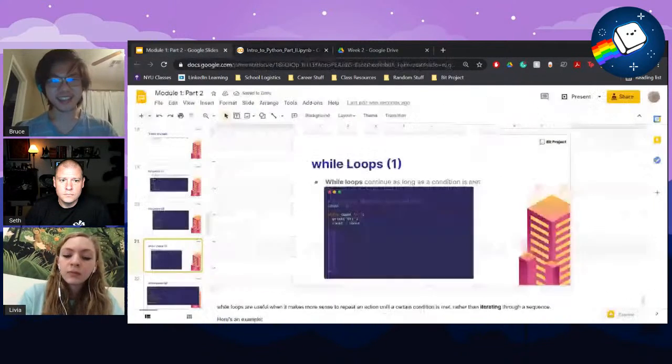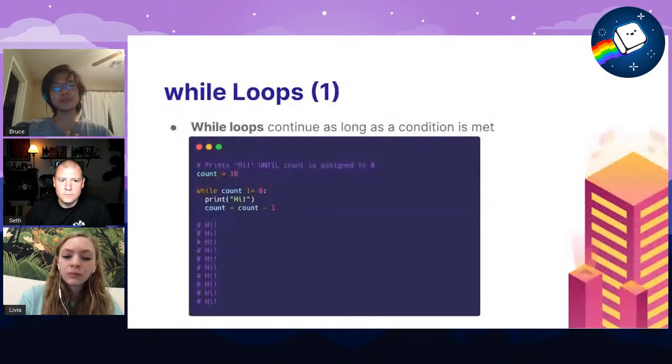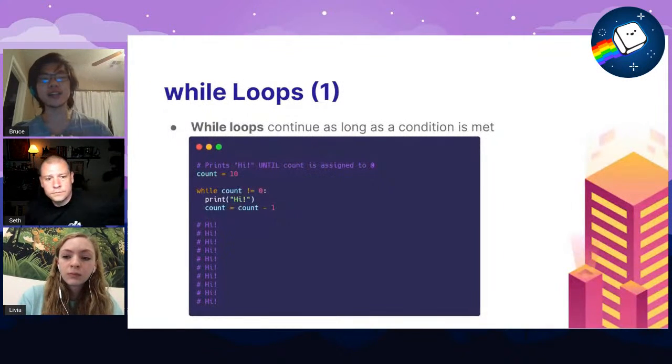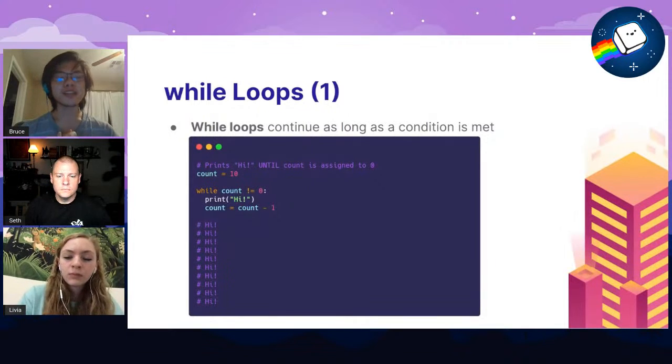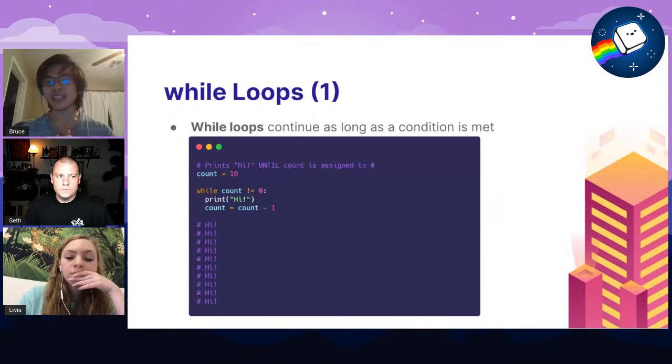More loops. Second type of loop: while loops. While loops are the same idea as for loops in that they continue running the code inside the loop, but instead of running it for every element in a list or a tuple or an iterable, it'll just keep running while a condition is met.